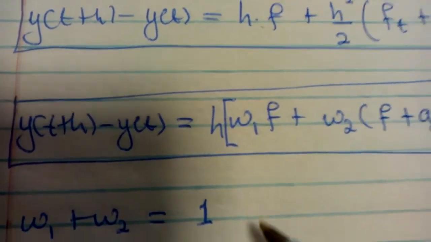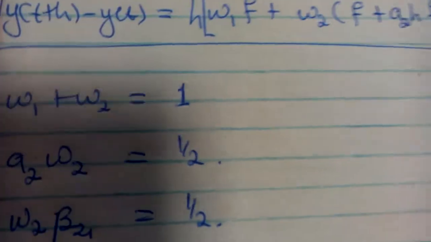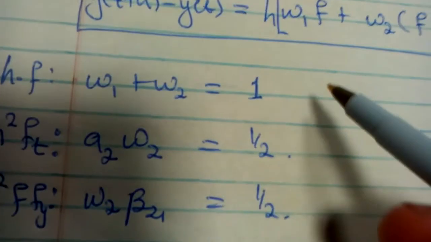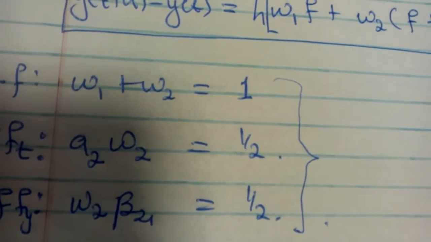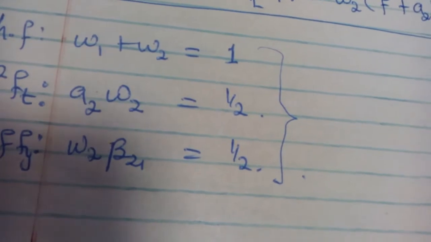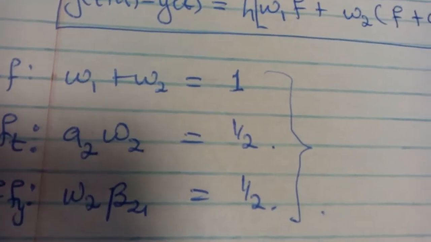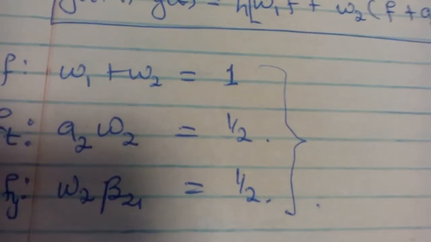Right, and then I've got this system of 3 equations in 4 unknowns, which means I can choose. I've got 1 degree of freedom there.